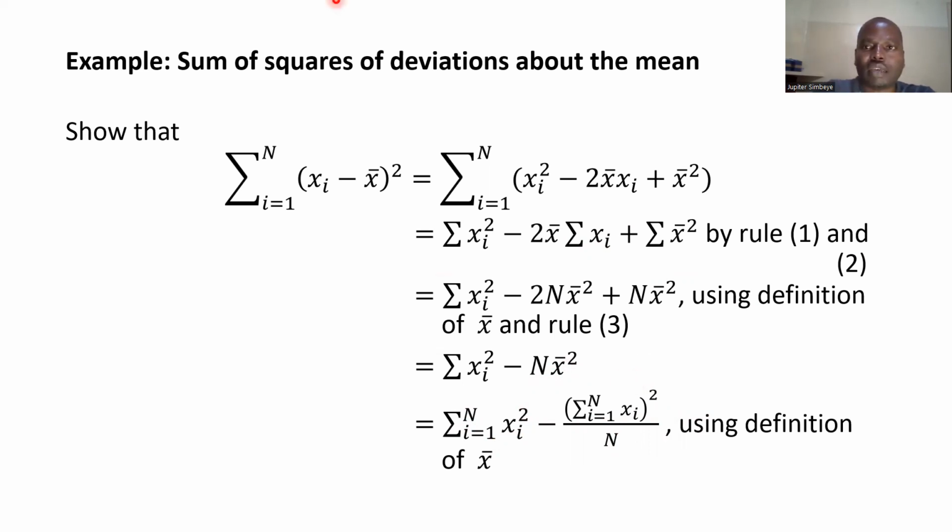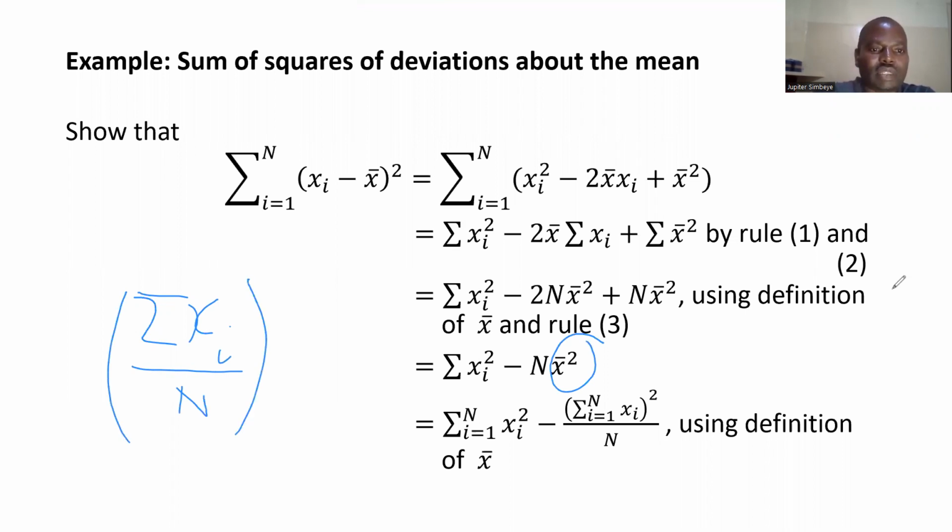Basically, I can show you that the mean is the sum of xi over n. Now, you have x bar squared here, so it's like you have this. What will this give you? This will give you the summation of x on top over n squared, if you remove the brackets.